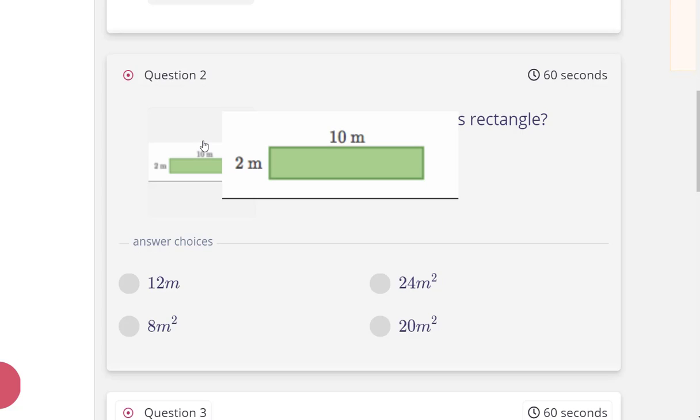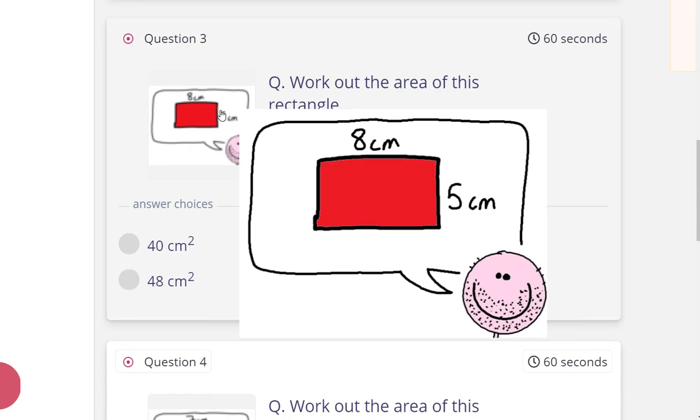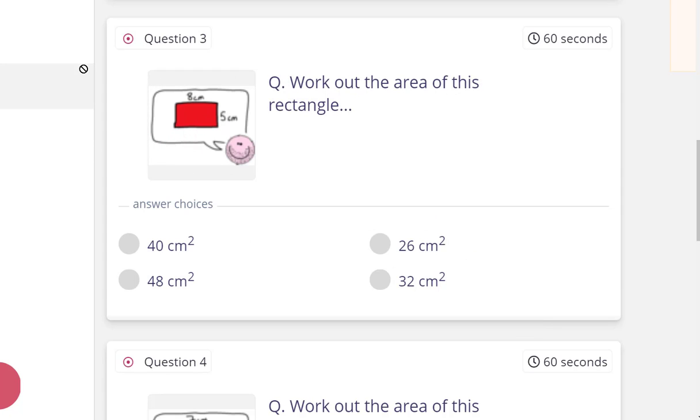Okay, Ali Al-Bishr, what's the area of this rectangle? 40. Excellent. 40 what? Square centimeters. Again, 40 what?